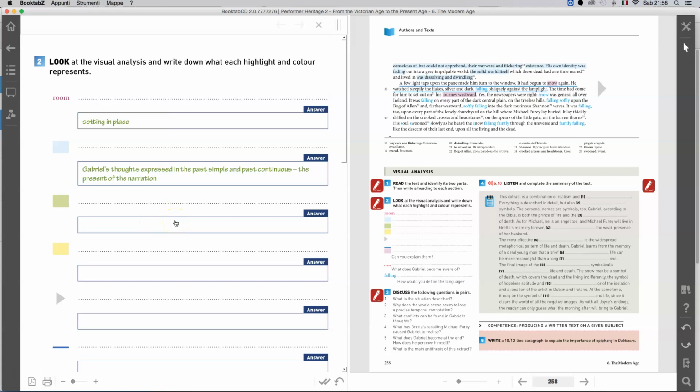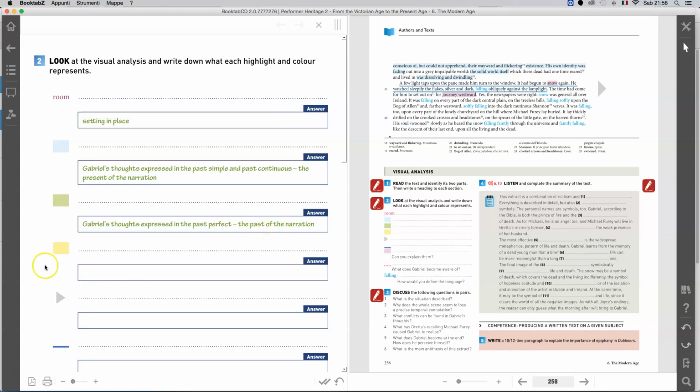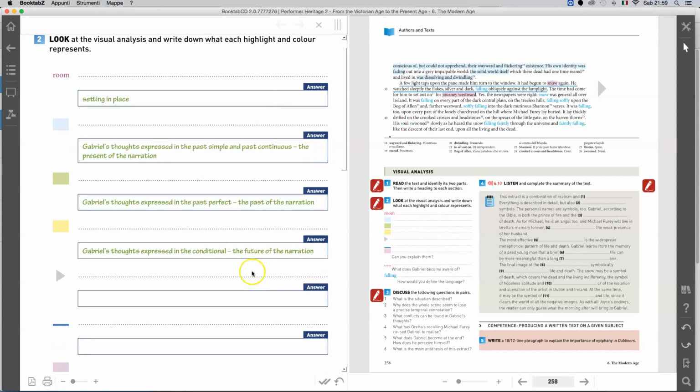The words highlighted in green are Gabriel's thoughts expressed in the past perfect. Instead, the narration is in the past tense. Words highlighted in yellow are Gabriel's thoughts expressed in the conditional, and the narration is told in the future form.